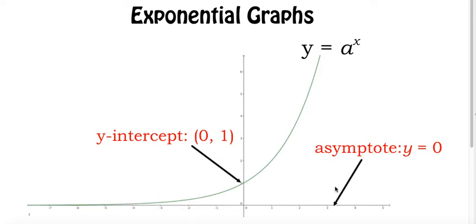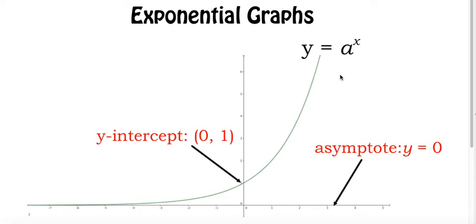This brings me to the fact that this exponential function has what we call an asymptote. An asymptote, remember, is a line that the graph gets really close to but never actually touches. So for your parent function y equals a to the x, the asymptote is y equals 0, the x-axis. Also, your parent function, when it's just y equals a to the x, where a is any number, will pass through the point (0, 1) on the y-axis.